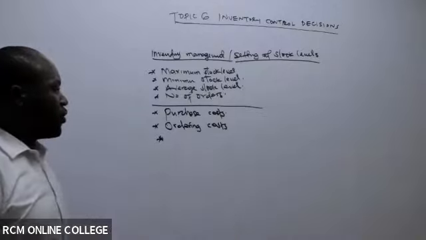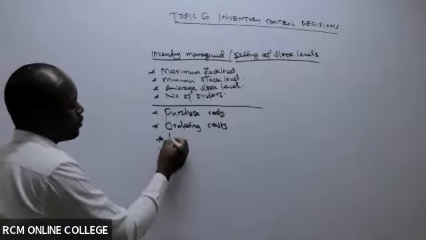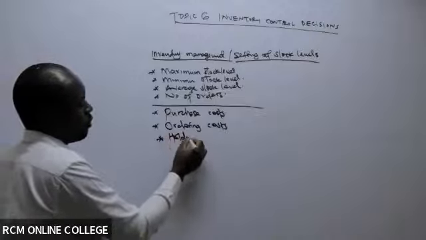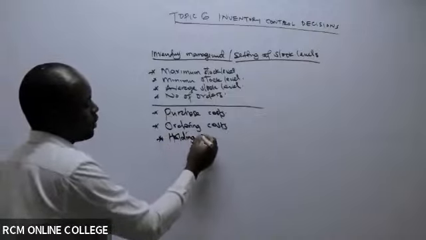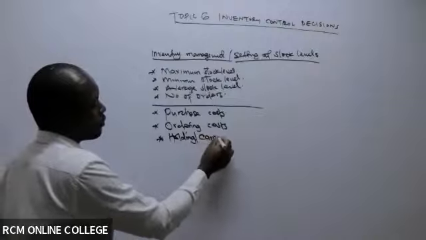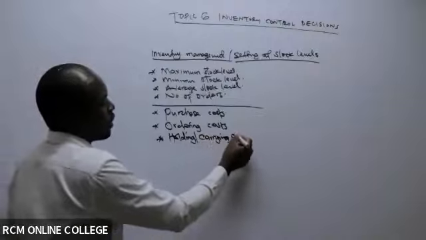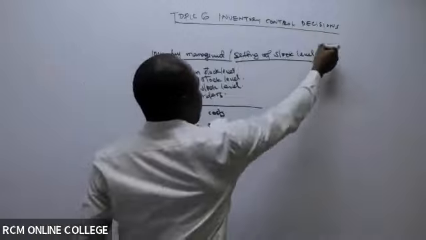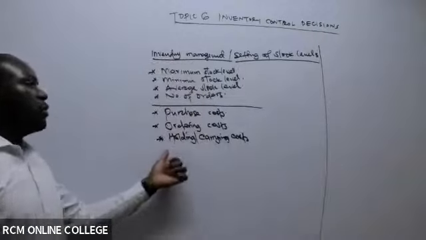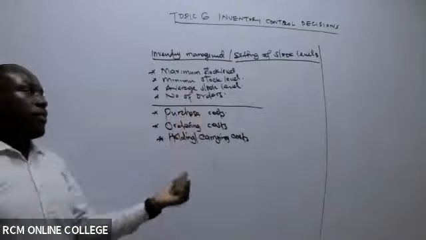So all those costs will be recorded as holding, or carrying costs. So these are the costs you are going to incur to be able to deal with your inventory. The three of them, right?